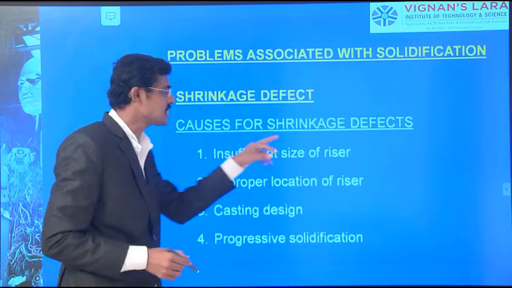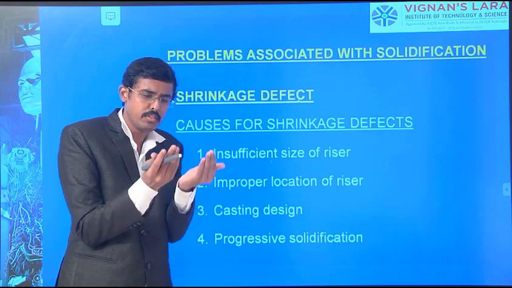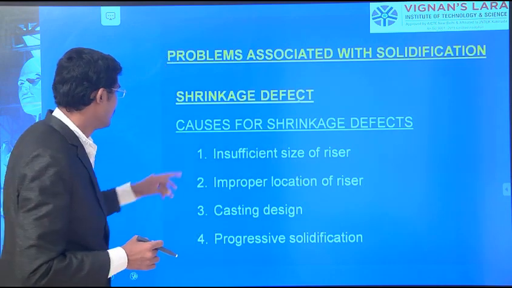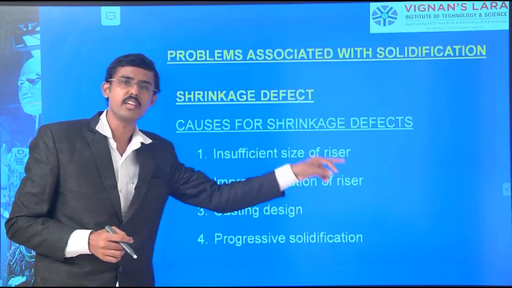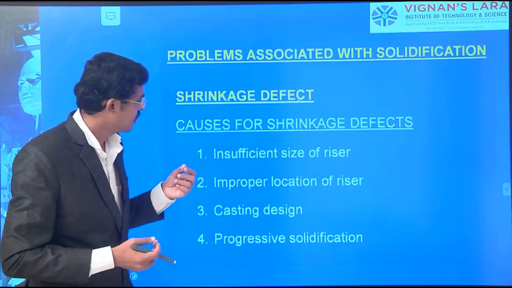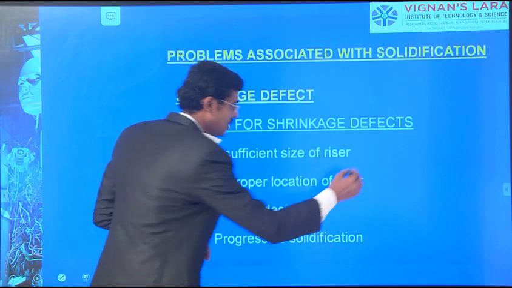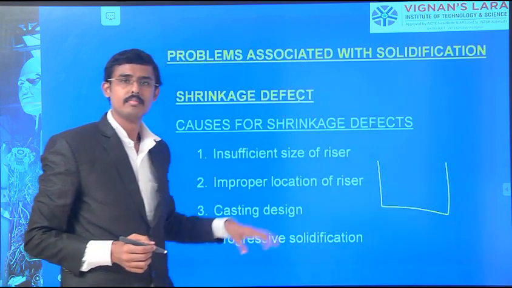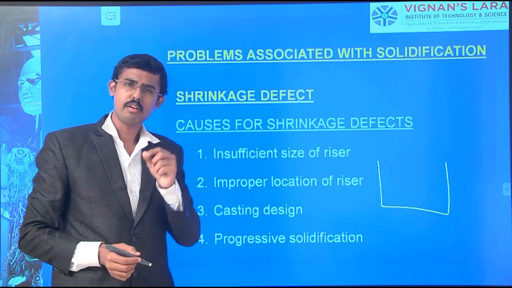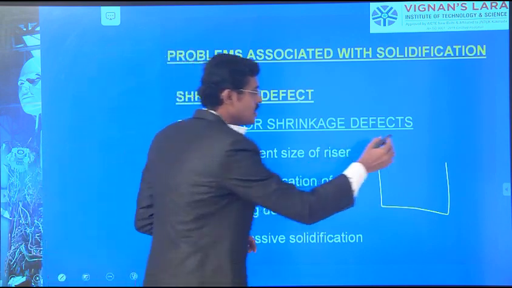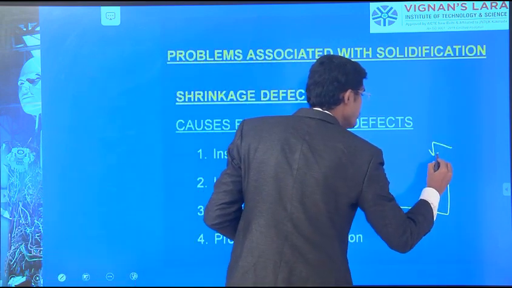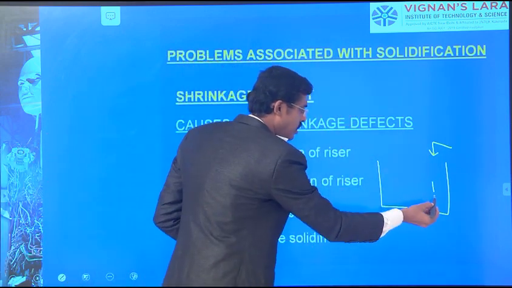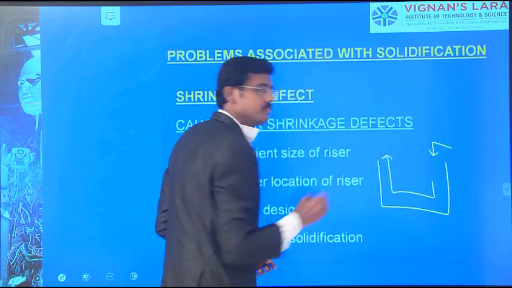What are the causes of shrinkage defects? The first is insufficient size of riser. We know this. We have taken a box. From one side I want to feed, and the filled material has to come upward.